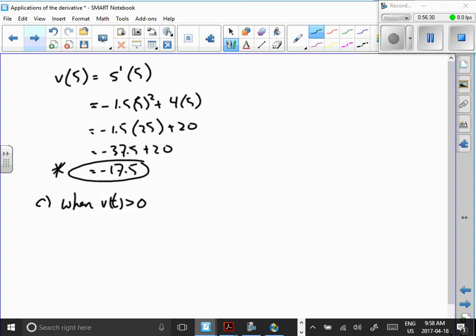Okay? Velocity is magnitude and direction. Positive direction is going to be the right, negative direction to the left. Right? So when V at t is greater than 0, the particle is moving to the right.